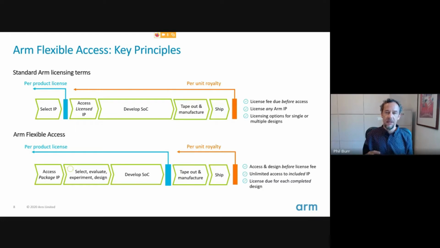So, as I mentioned, customers can access the technology, design, evaluate, and experiment, and only at the point of commercial tape out do they pay a license fee, and then after that it continues as before. Those are the key differences between our traditional licensing and Flexible Access.